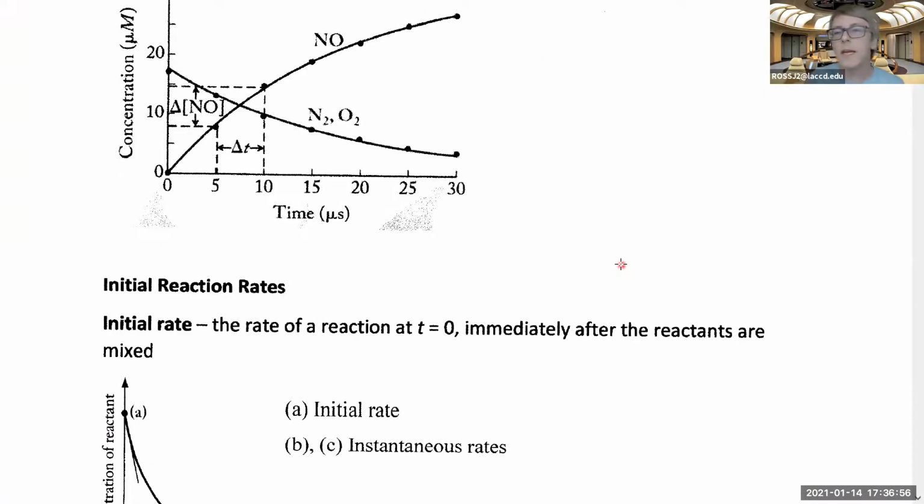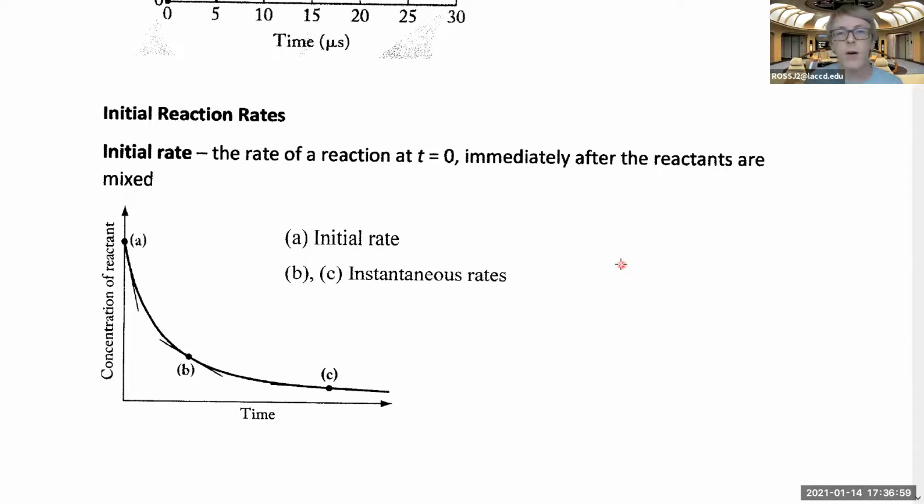Okay, something that is not open to interpretation are initial rates, and for the most part, that's what we will focus on, or we'll at least acknowledge that that's more useful. In this profile here, you can see that an initial rate would be from time 0.